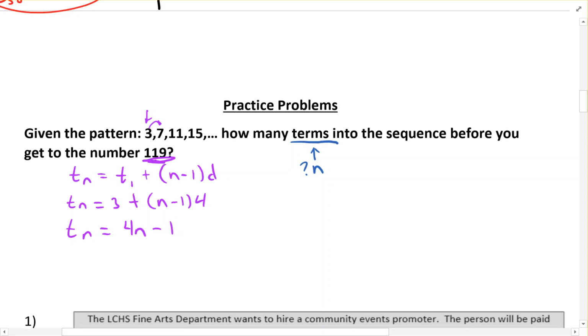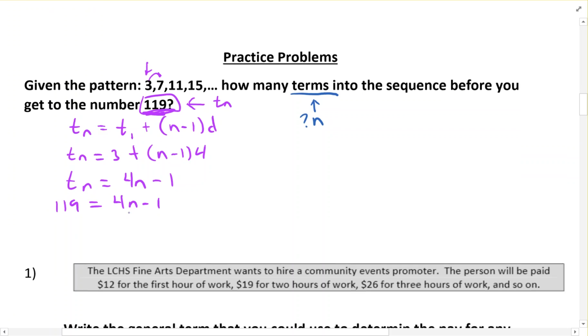So now we know one more thing here, right? This number 119. What is that? Well, it's saying how many terms go by, what's the n value when you get to 119. So what we need to do now is just replace 119. That's our Tn value. So let's put in 119 is equal to 4n minus 1. Now it's just algebra. I'm going to add 1 to both sides, so I get 120 is equal to 4n.